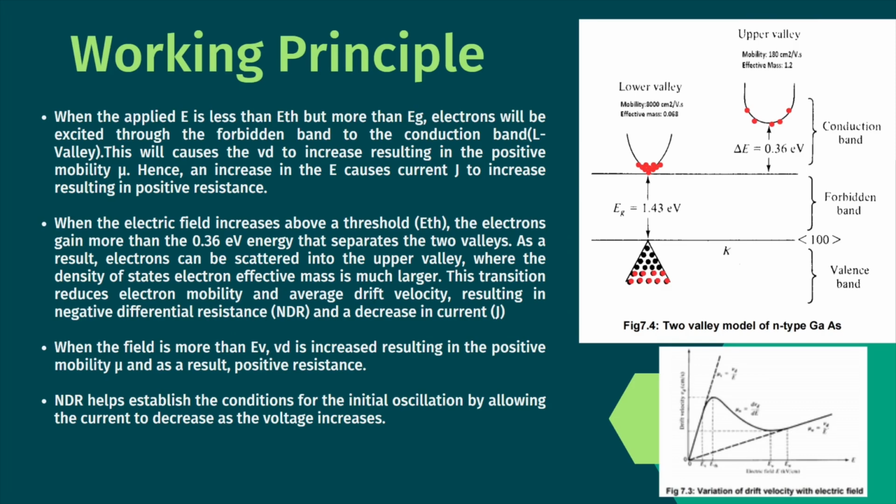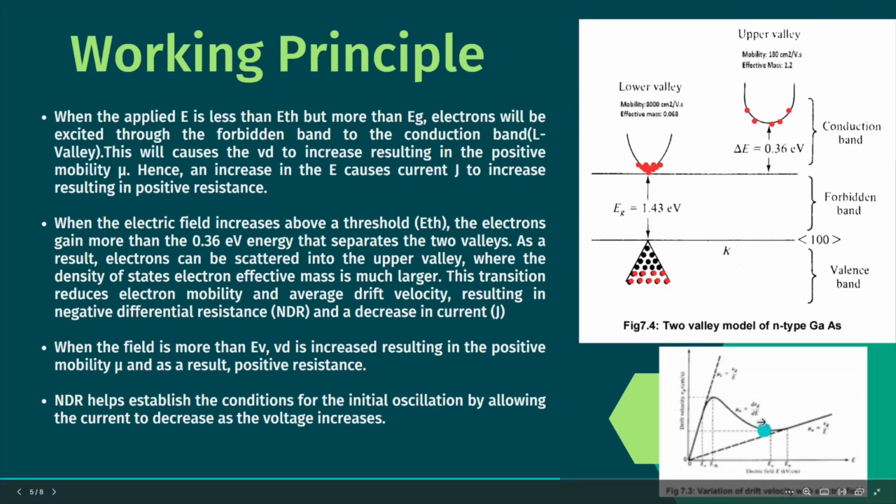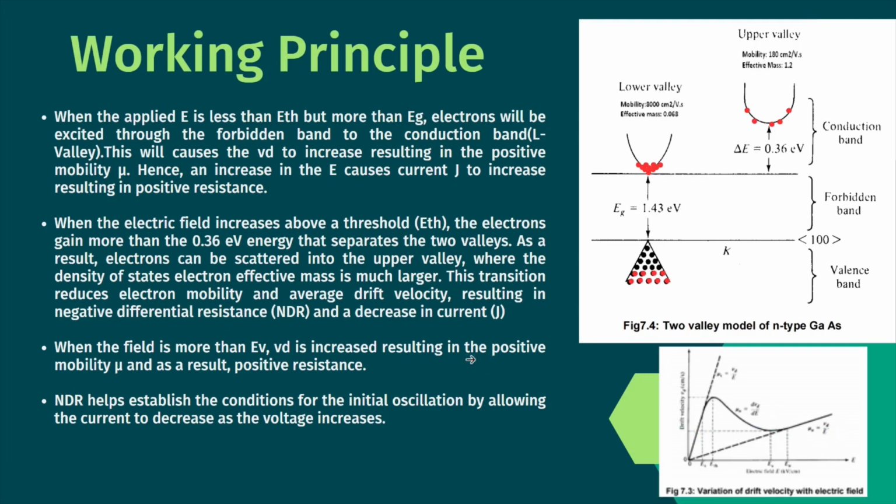In order for the Gunn diode to work, first we need to apply voltage and an electric field to the diode. When we apply the electric field, it will separate into three regions, as you can see in the graph below. This is the first region, this is the second region, the negative differential region, and this is the ultimate bulk region, the third region.